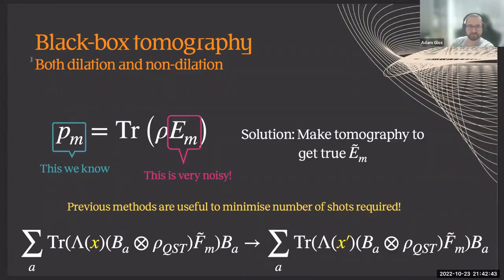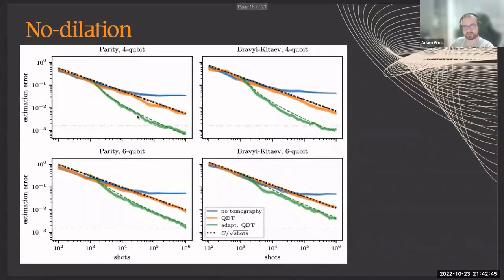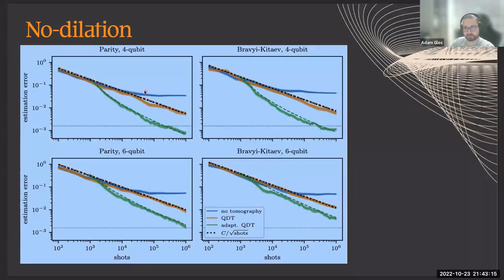So just to quickly summarize this, we made an analysis on the noisy simulators. And of course, if we don't do any corrections, in this blue line, then we are getting very far from zero. Zero is the ground energy in this case. If we do the correction, but we do not adapt POVM, we again have this 1 over square root of S convergence of the energy estimation.